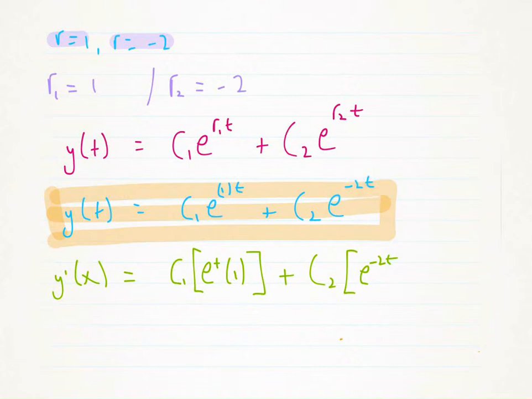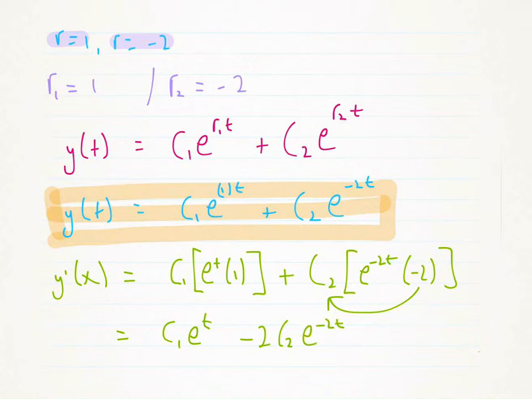Okay, so if I differentiate minus 2t, I'm just going to get minus 2. So it's going to be minus 2 by c2, so hopefully you're still following. So it's minus 2c2 multiplied by e to the power of minus 2t. So that's what y dash of t is equal to.